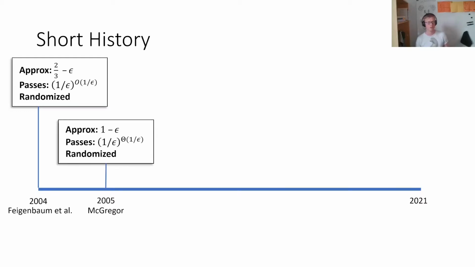Then a tiny bit later, it was shown that you can actually make this approximation arbitrarily good, and you keep the same number of passes. And here maybe one good thing to point out is that it's not about the analysis, in the sense that this algorithm can also take exponential in 1/epsilon passes to finish its computations.